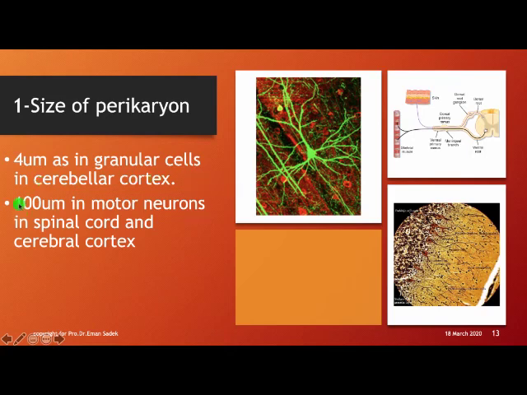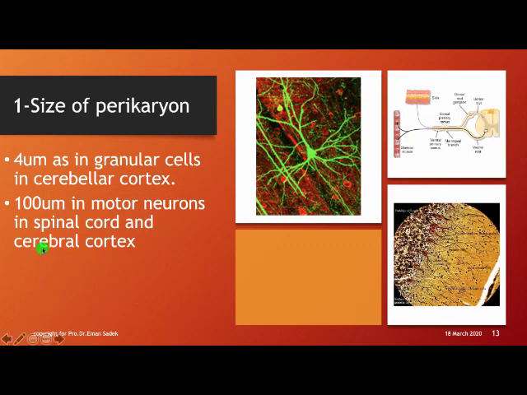While the size of 100 micrometer is present in motor neurons, either in the spinal cord, this is a motor neuron, or in the cerebral cortex. Take care, cerebellar is the example for the presence of the small cells like the granular cells.